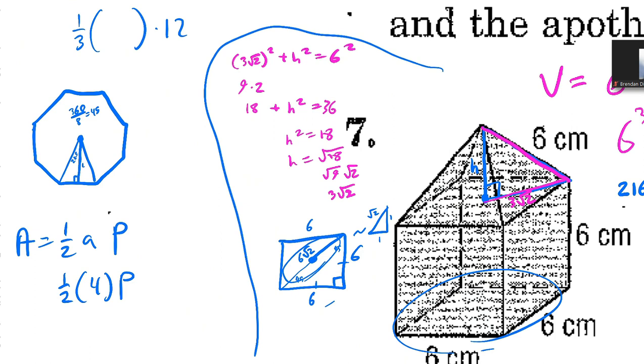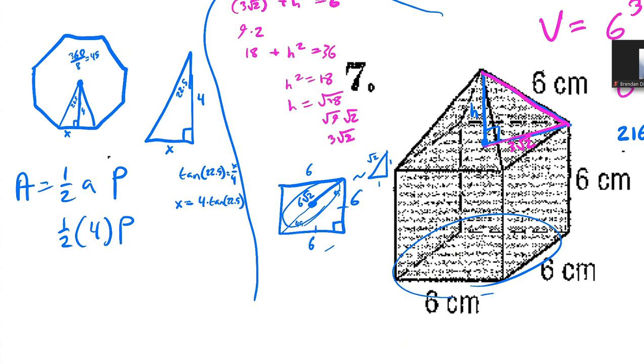We know that the apothem is 4, so the right triangle we get has the apothem of 4, half of a side, x right here, and an angle of 22.5. So x is solved by tangent: tangent of 22.5 equals x over 4. Multiplying by 4, x equals 4 times the tangent of 22.5. Okay, and then how many of those are in this octagon?